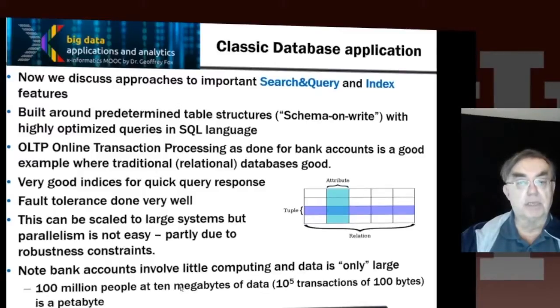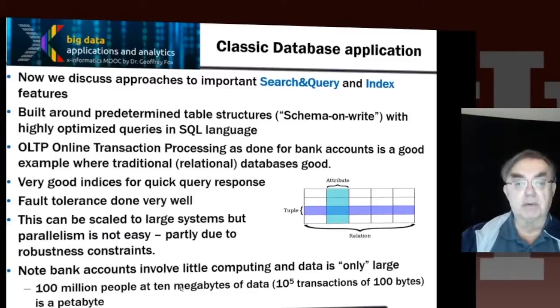It's called schema on write because you determine that schema completely and rigorously ahead of time, and that allows highly optimized queries in the SQL language. Online transaction processing (OLTP), essential for the banking industry, is a good example where these traditional databases are good.